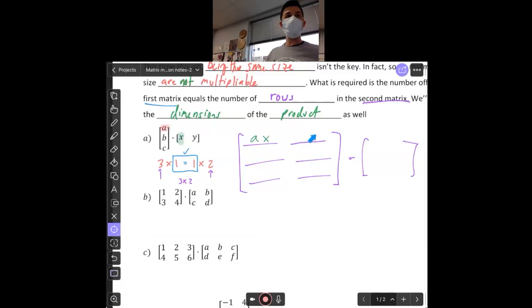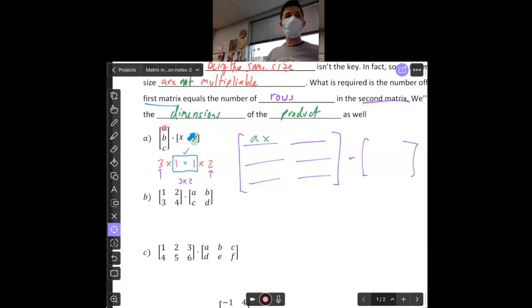Well, now I'm done with that column, so I'm going to move to the next column. So I'm going to go away from the x, move to the y. So I'm staying in that first row, but now I'm going to move to the next column. So the first row times the second column will give me my first row, second column spot, element entry.